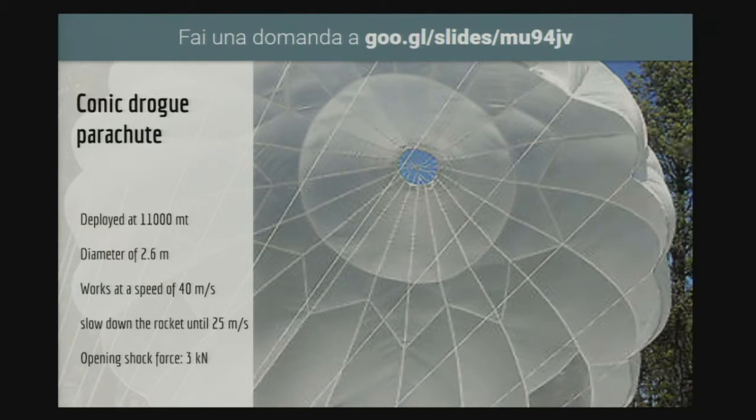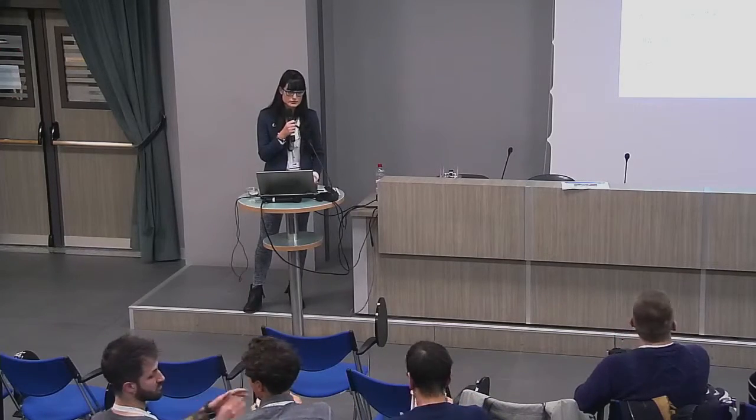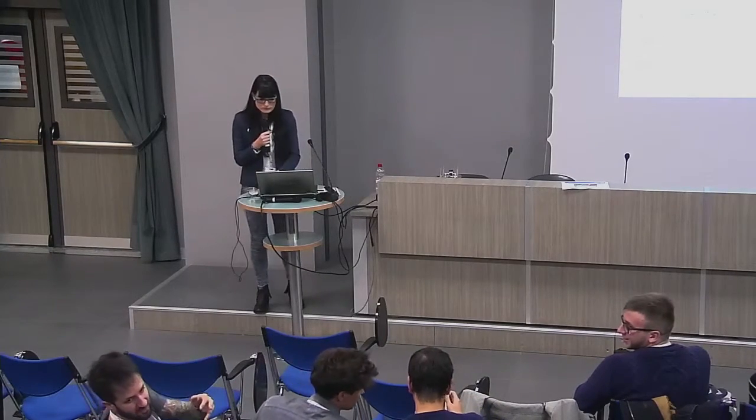Based on this, we designed the system with 3 different parachutes. Why 3? Because the first one has to take all of the shock effort, and also descend for the first 9,000 kilometers of the rocket.